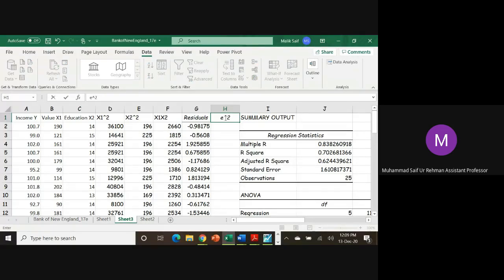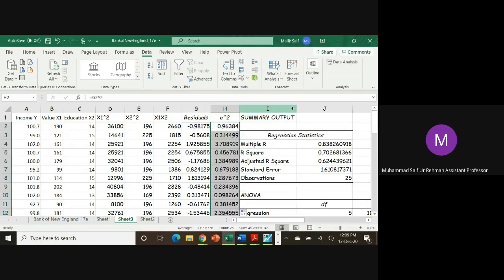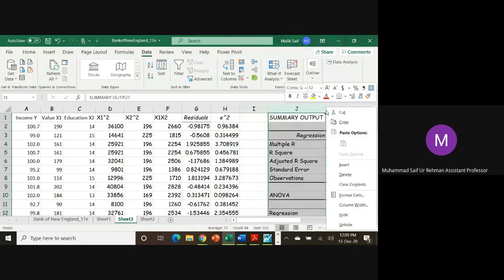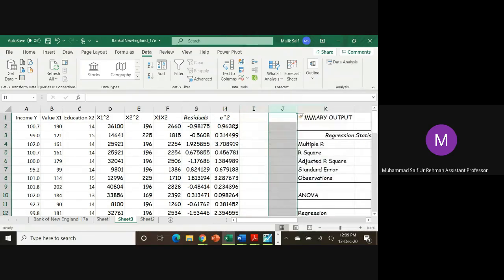What will be E square? The square of this value, the square of this value. Double click. So this is your E square.